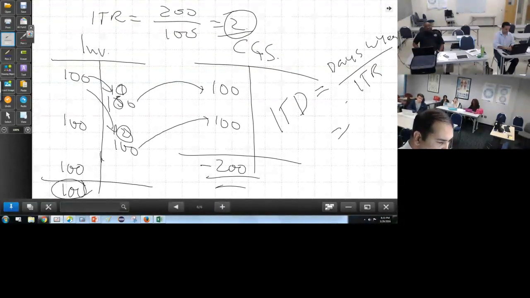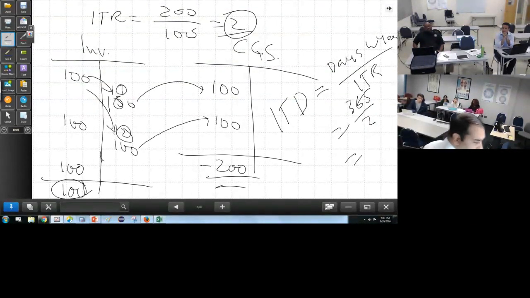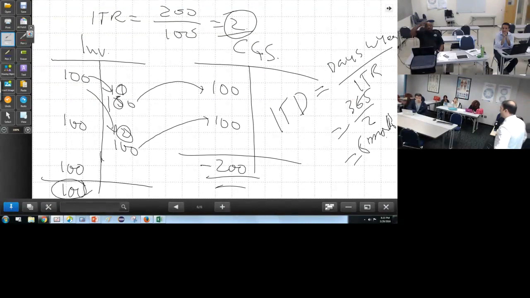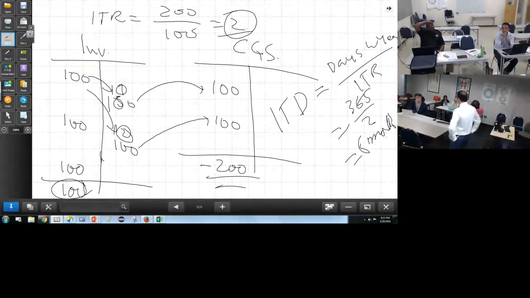In this case, 365 number of days in a year, divided by 2. So what will be the answer? Half a year, I mean 6 months. You can put how many days, whatever. But this will be 6 months, right? So it takes 6 months for the company to sell.